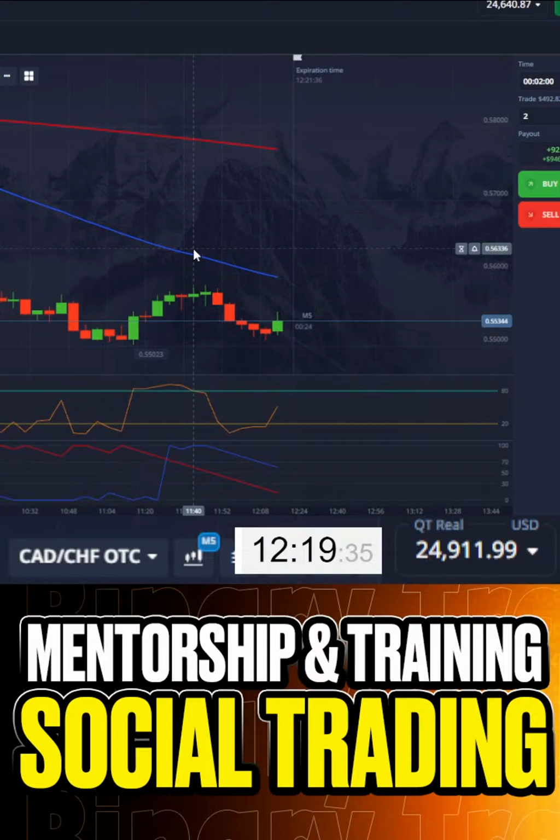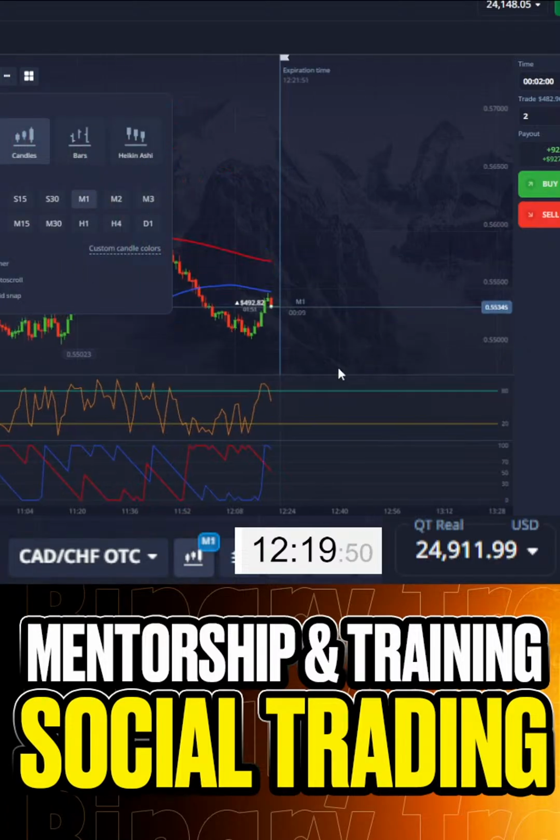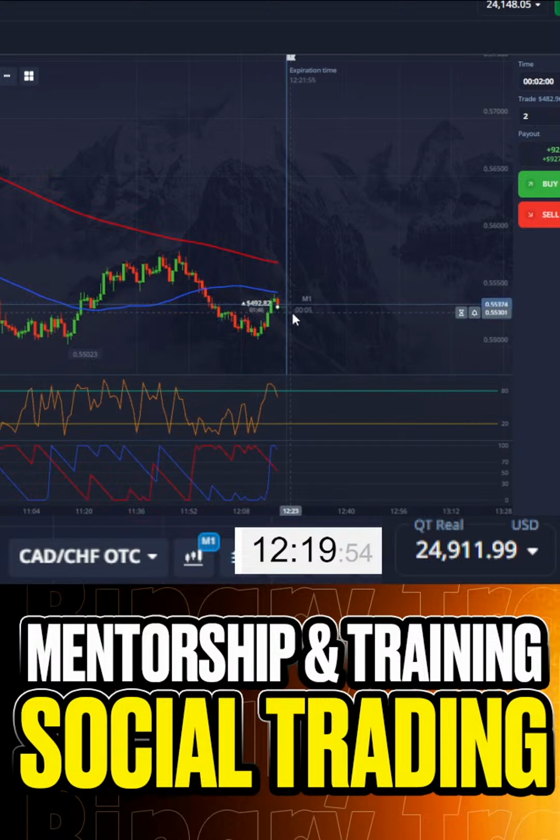Let's take a look at M5 and see what we're going to do. Very nice situation. We can try a buy. Why? Because this is a very strong level, like I've told you, and we have a pullback, right? Let's take a look at 1 minute. We can see that we have a candle.